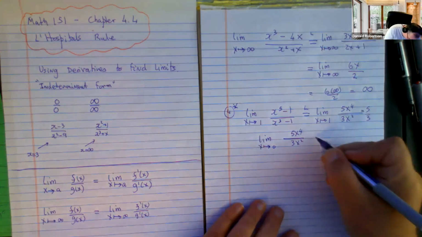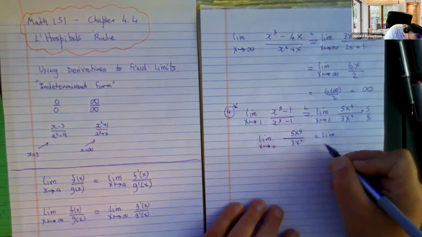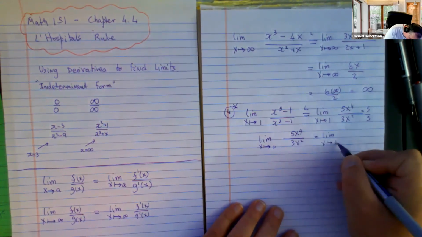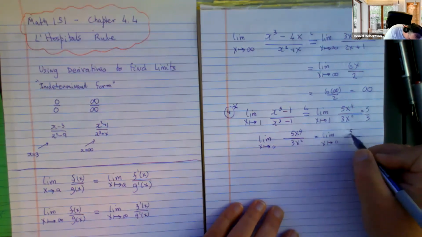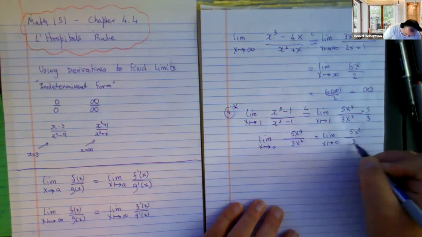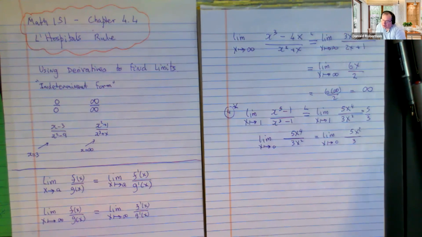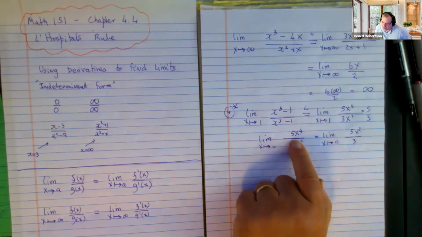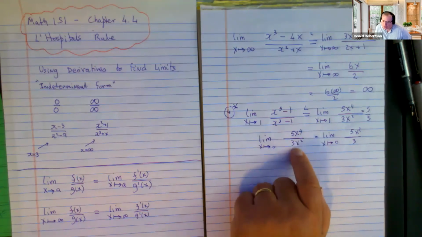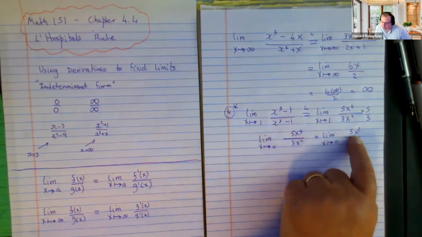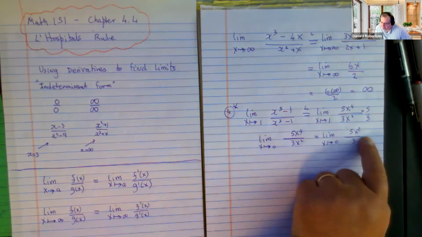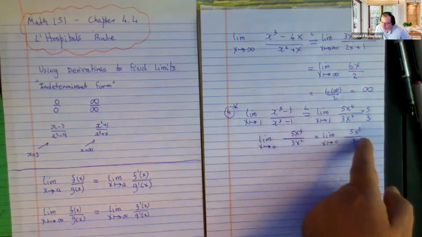You are allowed to do the following, and it's not L'Hospital. You should always simplify your fraction. If you do a derivative and you've got a nice fraction, oh wait a minute, I can cancel it down a little bit, do that. Then you can plug in your number and you can see the answer is 0.